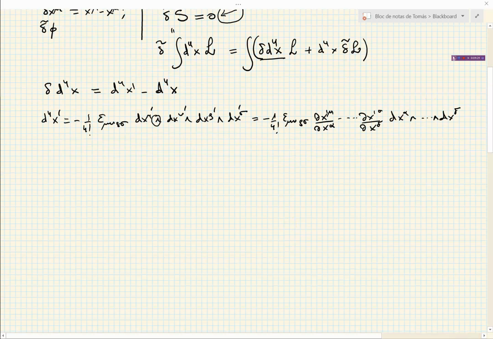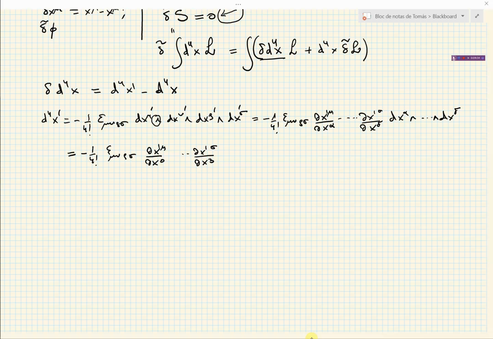Now, if I take into account that this is antisymmetric, I can rewrite this as minus 1 over 4 factorial epsilon mu nu rho sigma, partial x prime mu over partial x^0 and so on, dx^0 dx^1 dx^2 dx^3, and because I am considering only one of the possible terms, I get a factor of 4 factorial that cancels this one.